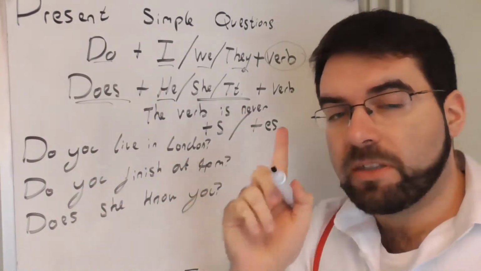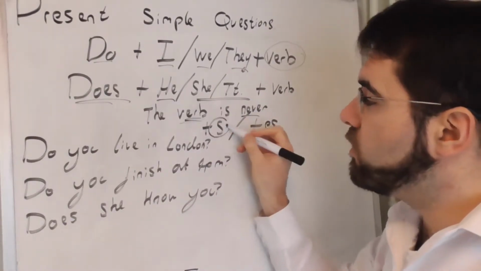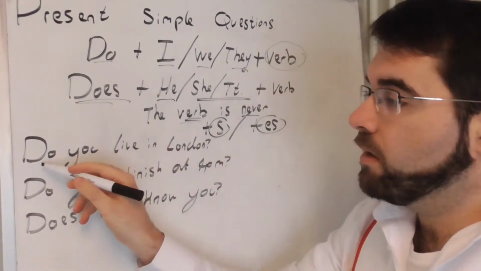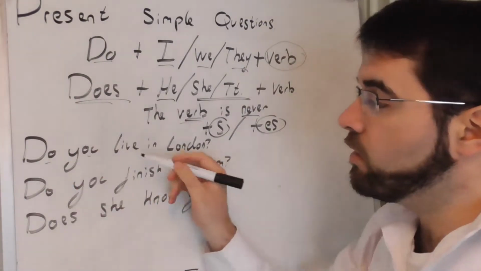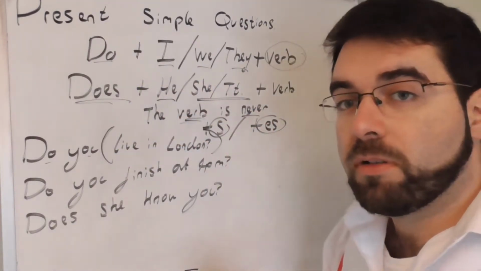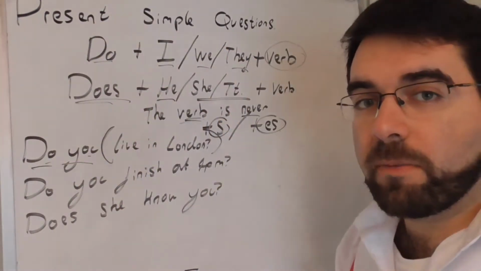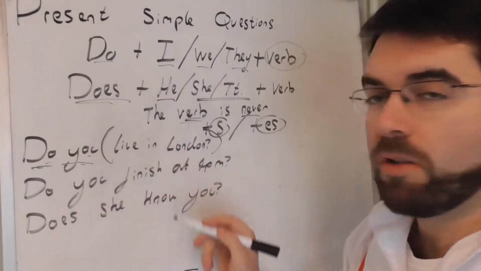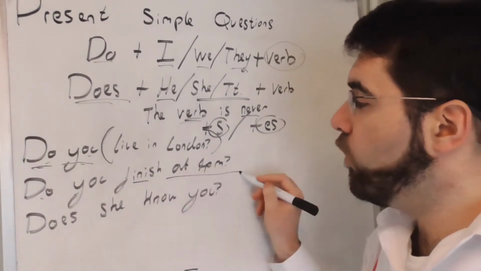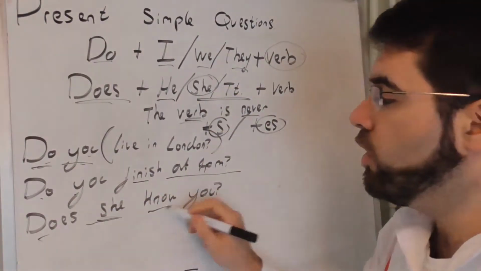But remember, this is quite important: the verb never has an S or an ES added to the end in this context. So let's look. Do you live in London? Live in London itself is simply present simple, but you add do you and you've got a present simple question out of it. Do you finish at 4 p.m.? Does she know you?